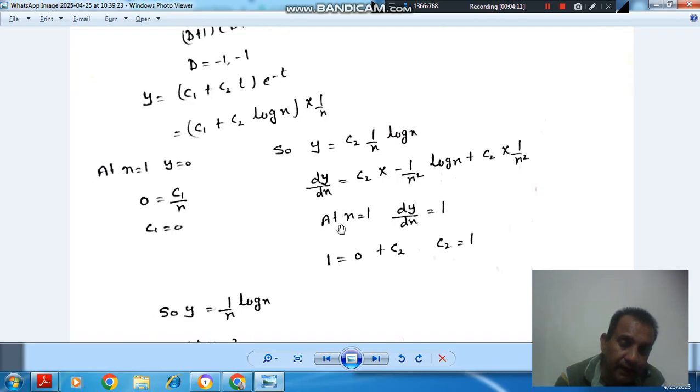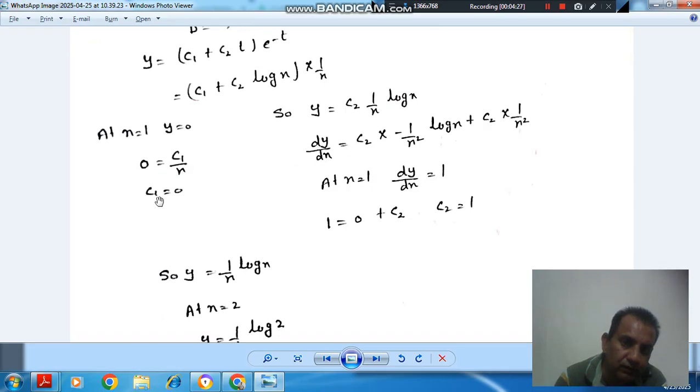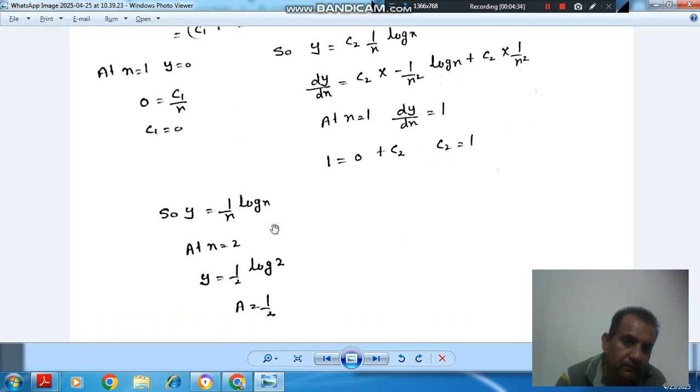It is given that at x is equal to 1, dy by dx is equal to 1. If x is 1, then log 1 is 0, so this whole term will be 0, and this will be c2. So c2 will be 1. So if c2 is 1 and c1 is 0, then y will be 1 by x log x.